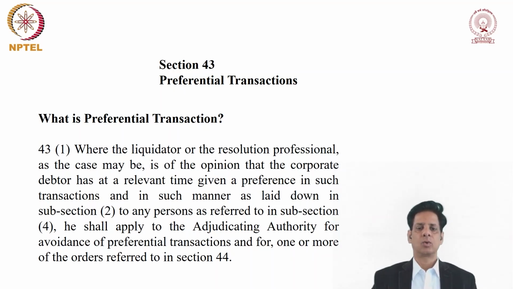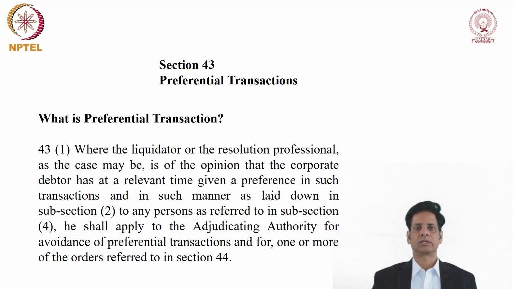Where the liquidator or the resolution professional, as the case may be, is of the opinion that the corporate debtor has at a relevant time given a preference in such transactions and in such manner as laid down in subsection 2 of the same section, then he shall apply to the adjudicating authority for avoidance of such preferential transaction and for one or more orders which can be delivered under section 44.